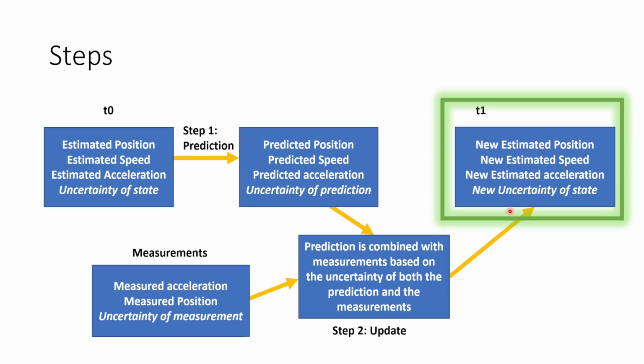It's trying to find the best estimate for all of the variables, position, speed, and acceleration in this case, based on all the available information from the previous state of the system at t0 and some new measurements taken. And from that, it calculates the optimal estimate of the current state of the system. And not only that, but it also calculates its uncertainty in those estimates.